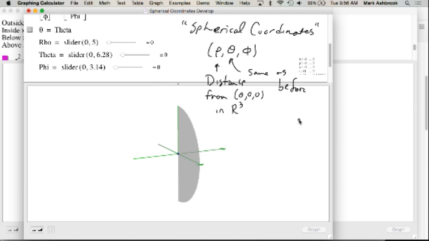So let's do a point here. Rho is 1.5, and then theta is our same.